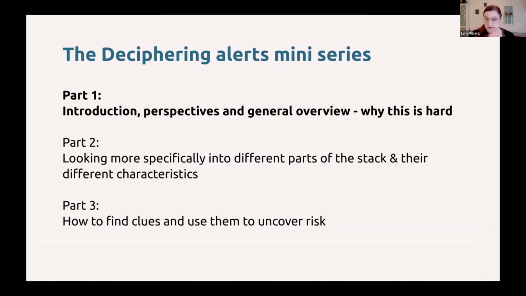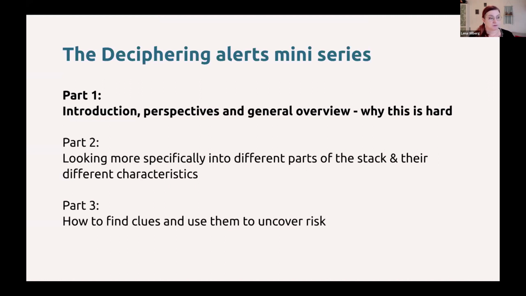Part 1, which is today, will be kind of an overview, an introduction to the problem, some different perspectives that make it challenging, a general overview as to why this is so hard. In part 2, we will look more into the different levels of the stack, the characteristics that come with them, and how we can use that information to write better bug reports or do better risk assessments.